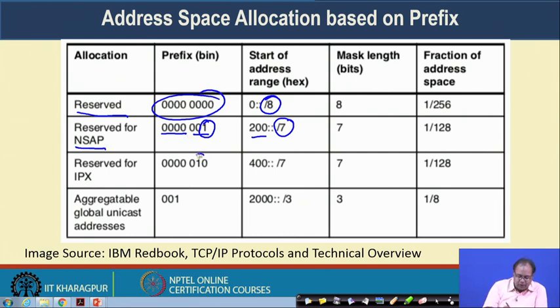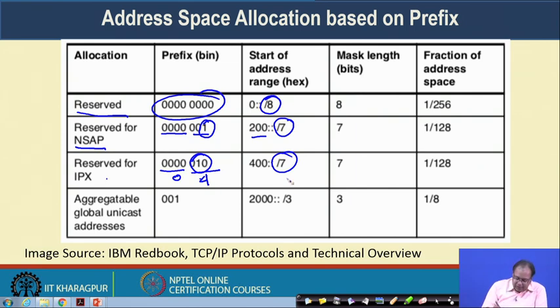If the bits are 10, you can write it as 400, and with this /7 prefix, it is reserved for the IPX protocol.